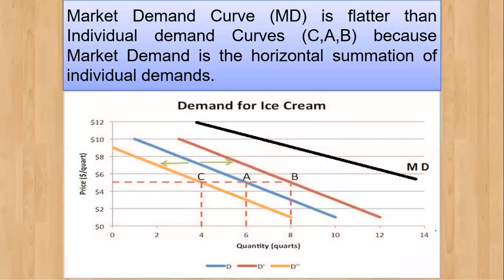So you can see this curve: at say $5, C wants 4 units, A wants 6, and B wants 8. So when we add all of them, we get the market demand for ice cream.